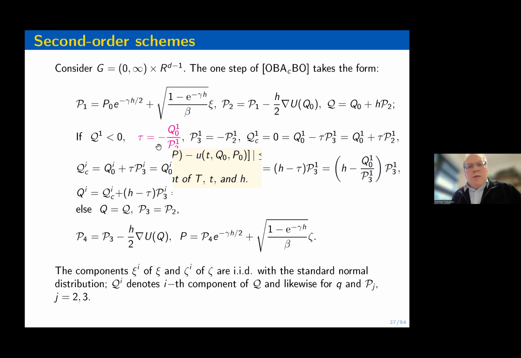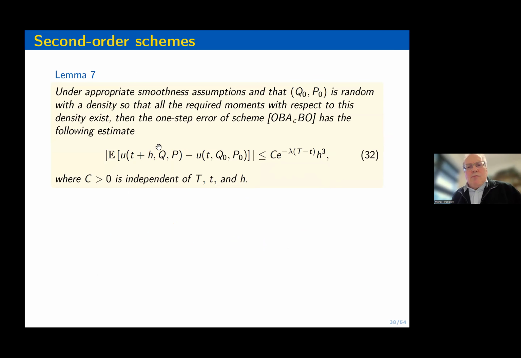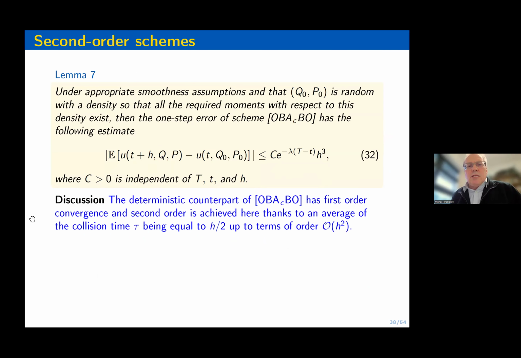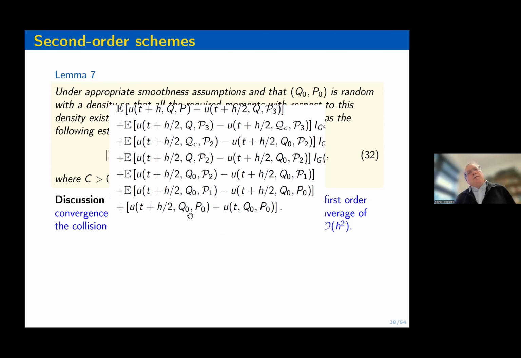And we proved a one-step lemma of this type. The proof works because of this sentence at the end, that the average collision time is equal to h/2 up to terms of order h squared. So let me skip a lot of calculations and just show this slide.